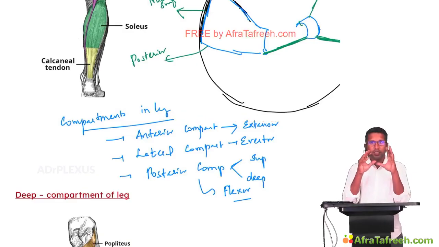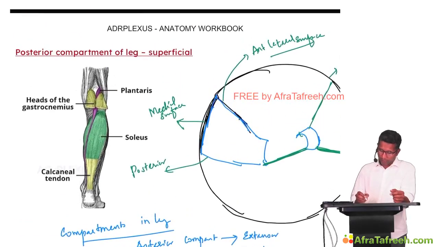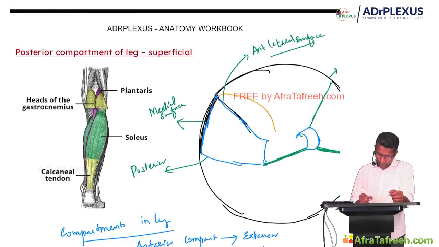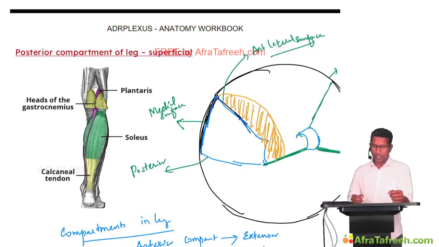We'll see what the muscles in this area are, where these muscles arise from, and what their function is. There is a muscle which arises from the anterolateral surface of the tibia and from the interosseous membrane. This muscle is called the tibialis anterior muscle.